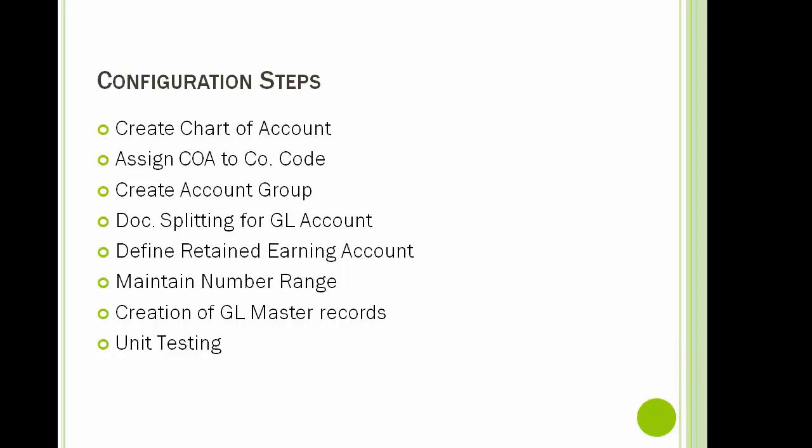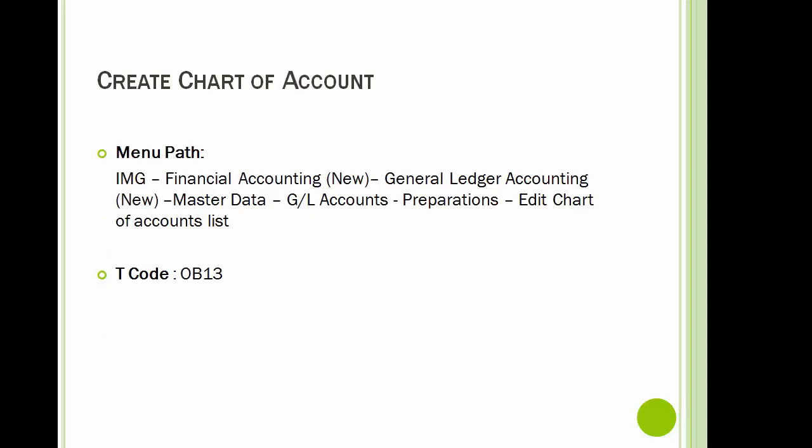Moving up to the configuration steps, first is creating chart of account. As we already discussed, we need to create a chart of account so as to define the ledgers and their numbers, and this is the chart of account which contains all the list of ledger accounts. In SAP, there are two ways to do the configurations.